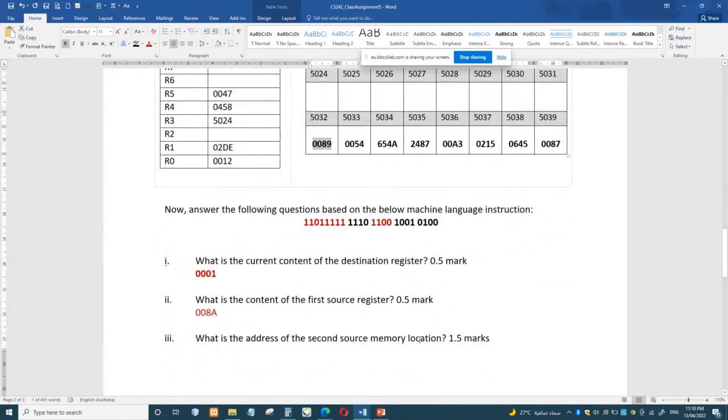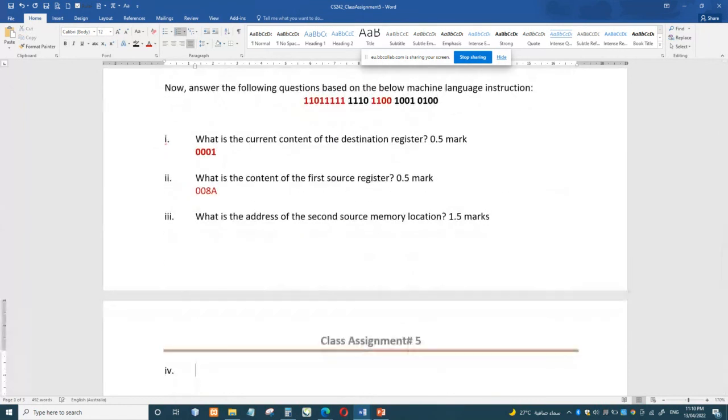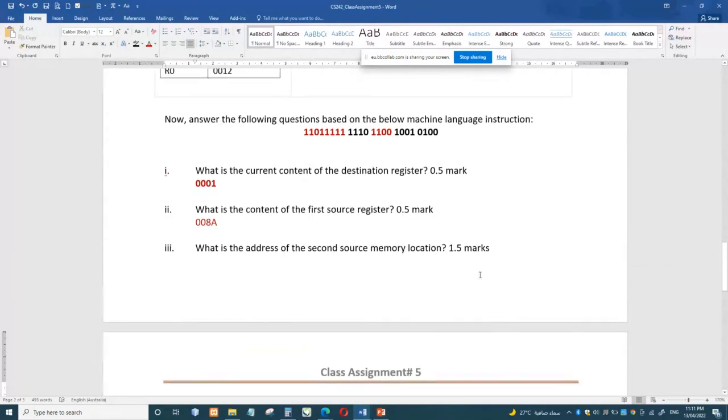So what is the address of the second source memory location? 5032. Is it the effective address? No, it is not the effective address.